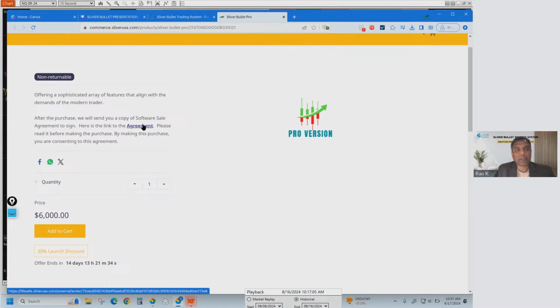The question is about Sliver Bullet Lite versus Pro. Sliver Bullet Lite we just created from a pricing point of view, a cut down version. Those who do not want to spend more, we created a smaller version of it and priced it accordingly.